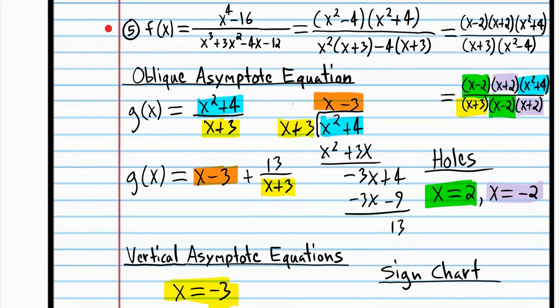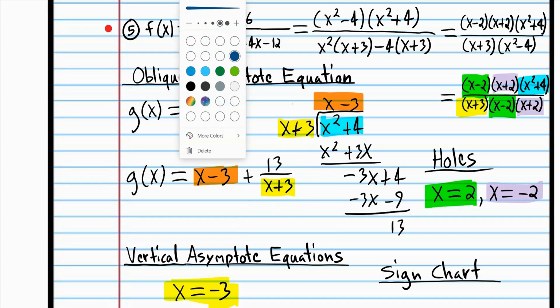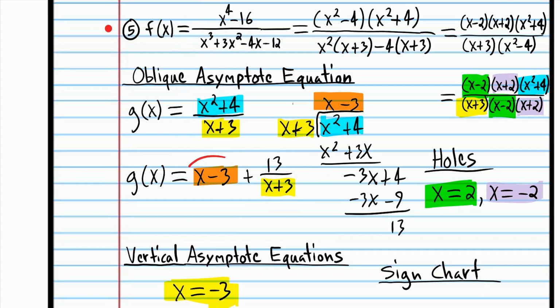So as x gets bigger and bigger, we don't really even need to consider that expression, because it gets so close to 0 that we just consider it to be gone. So this expression is left over, and as x gets really big, the graph becomes more and more like the graph of x minus 3, to the point where it gets so close we can't even differentiate.